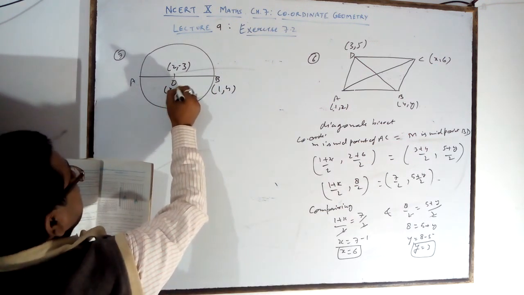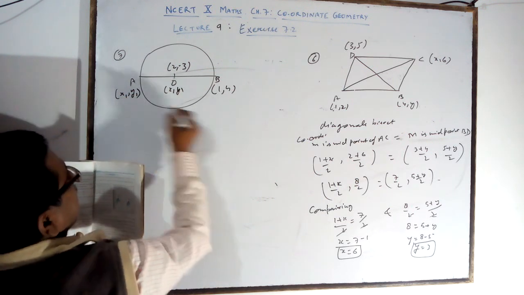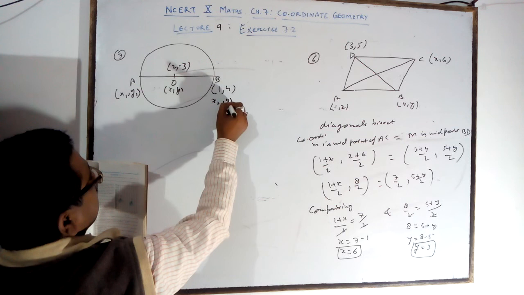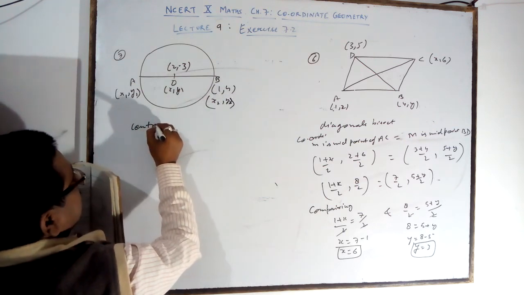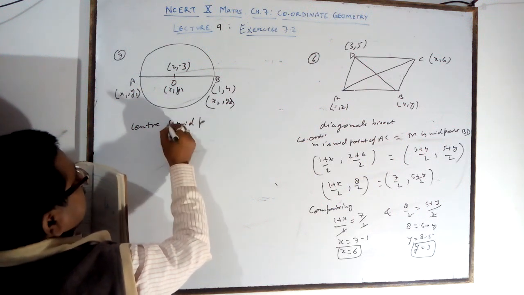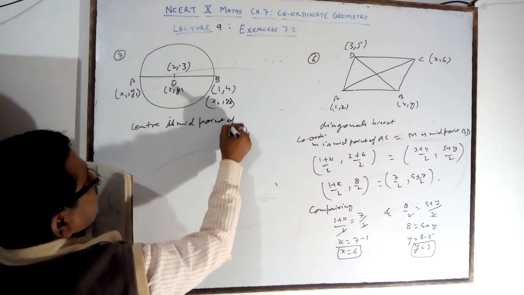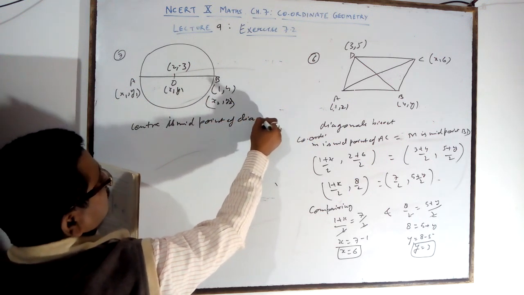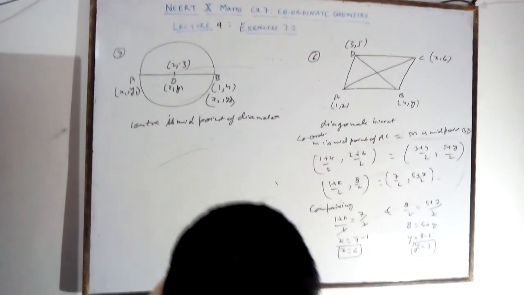If A is (x1, y1) and B is (x2, y2), then the center is the midpoint of the diameter. Do you know? The center is the midpoint of the diameter. So what will you apply here?